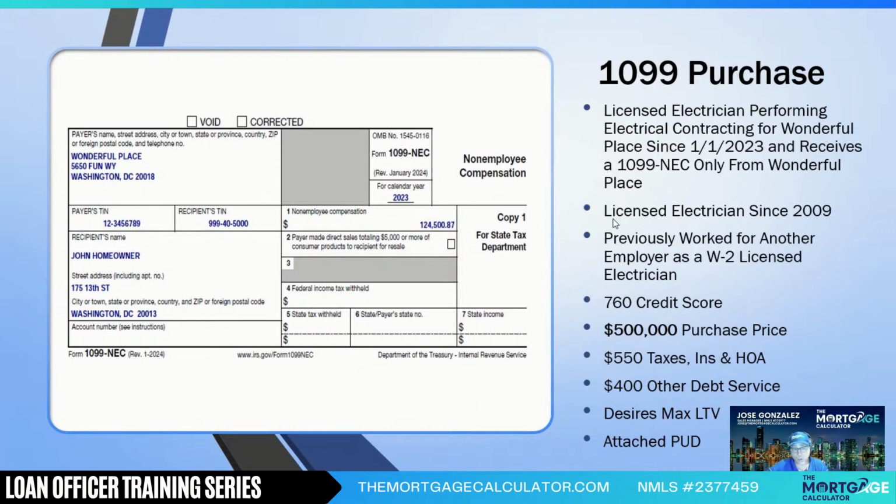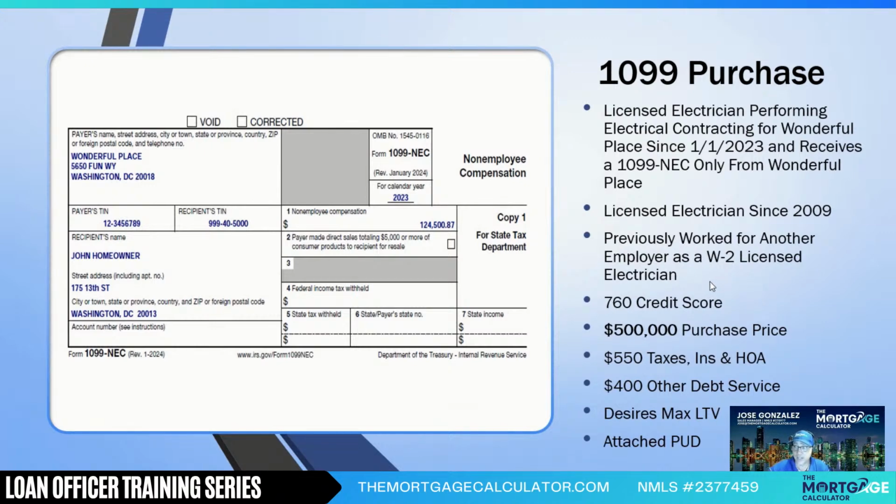But really important to note here, John has been a licensed electrician since 2009. So even though he's only been a little bit over a year working 1099, he's been licensed as an electrician since 2009. He previously worked for another employer, not Wonderful Place, as a W-2 licensed electrician, right?